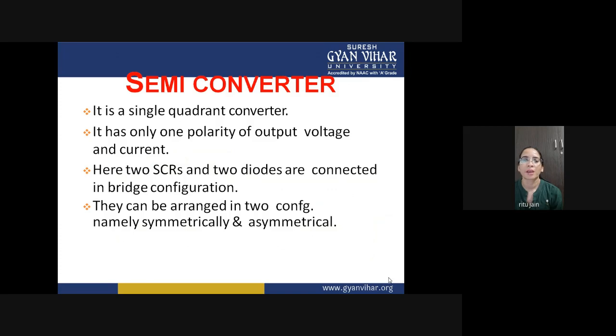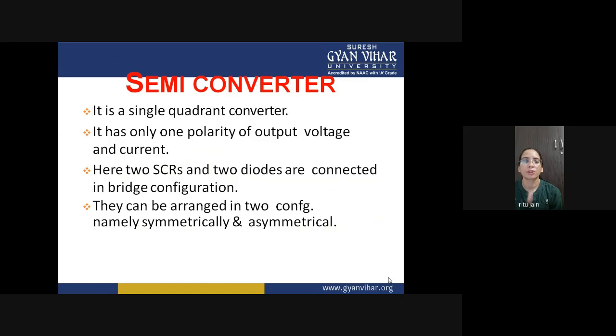For example, there are four quadrants. On the x-axis, if you are taking voltage, and on the y-axis you are taking current. So on the right hand side of that graph, the voltage will be positive in the right hand direction, and in the upward direction current will be positive.